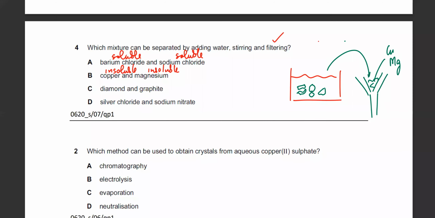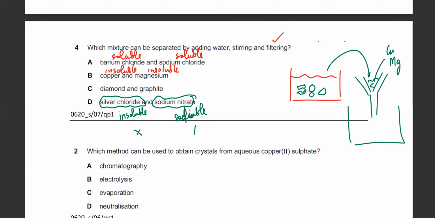Again, you don't know what AgCl and sodium nitrate are, but I'm going to tell you that this compound is insoluble, whereas sodium nitrate is soluble. So let's say there's X and Y. Now one of them is soluble. That means one of them would dissolve completely in water, and it would become part of the filtrate, which is sodium nitrate; it would pass straight through.